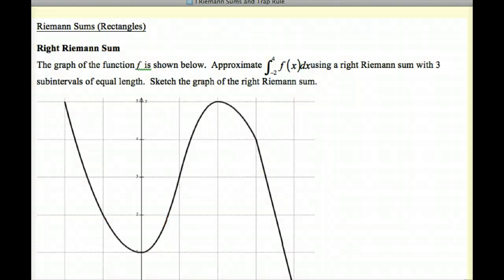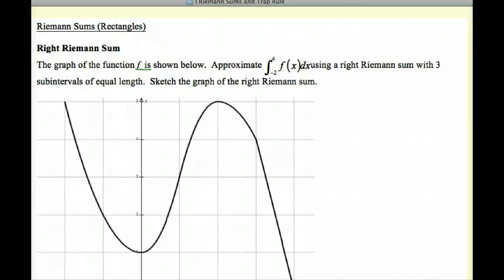So the first thing is our right Riemann sum, or our right rectangle sum. According to this, it says the graph of the function f is shown below. Approximate the integral from -2 to 4 using a right Riemann sum with 3 subintervals of equal length. Sketch the graph of the right Riemann sum.